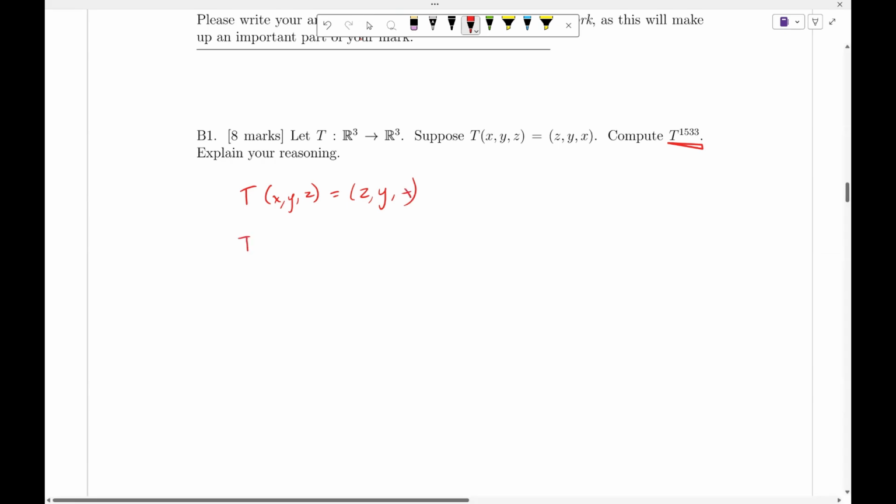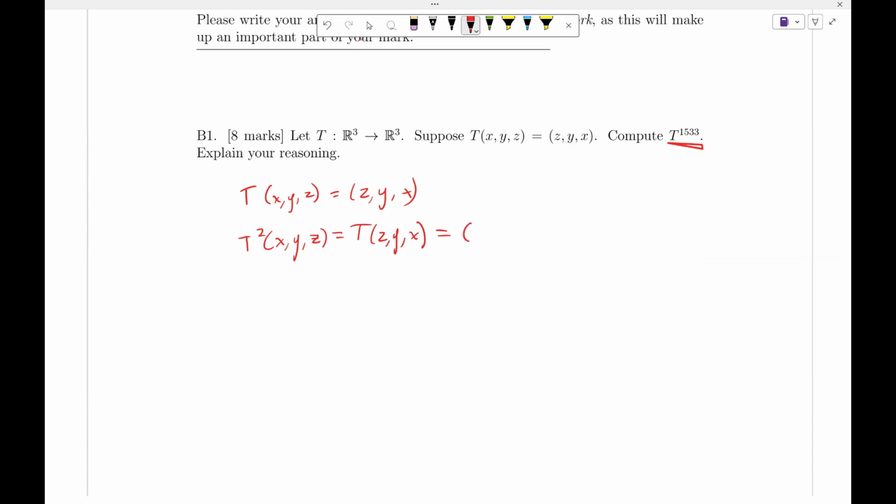Then I'm going to look at what T squared of x, y, z is equal to. This is equal to T of z, y, x. And now here, z is going to go to the last term. x is going to go back to the first term.